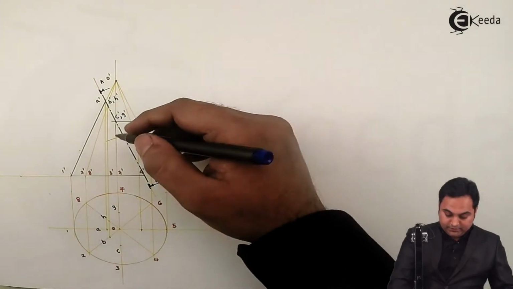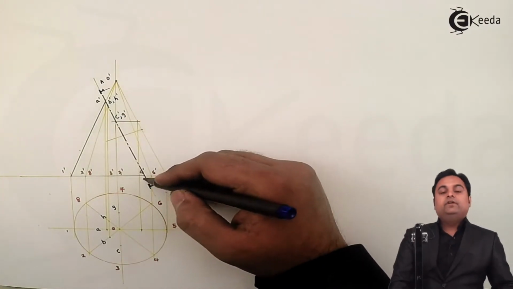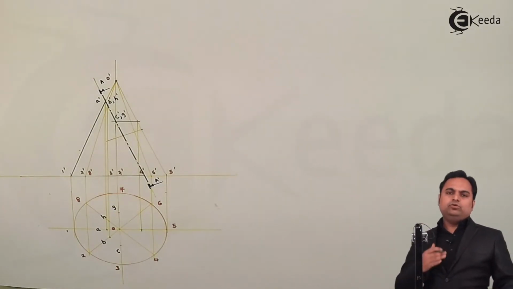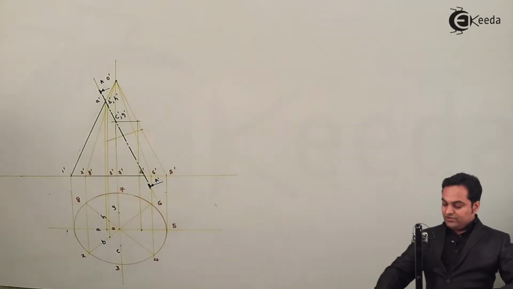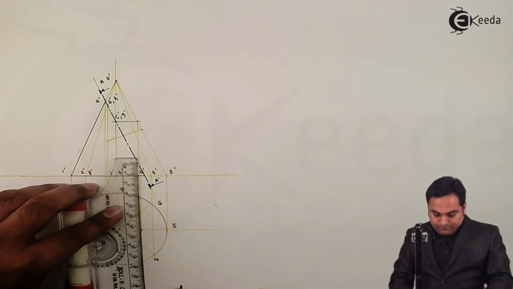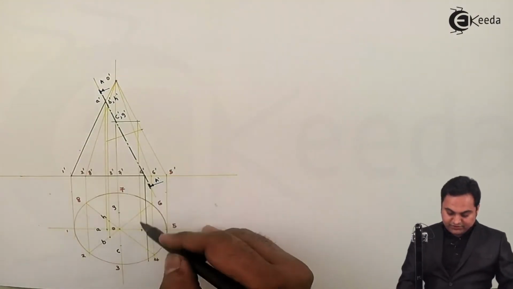Then the cutting plane after that is cutting directly the base. See, in case of a cone, whenever the cutting plane is passing through the base, then we are going to get a straight line. So that straight line, I am projecting it in the top view. It is this straight line.